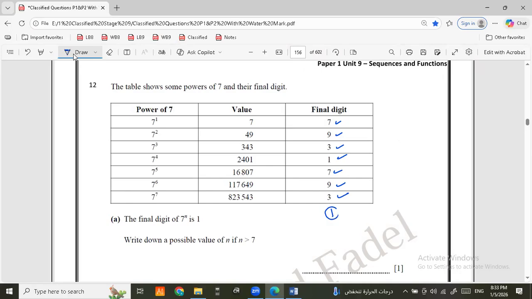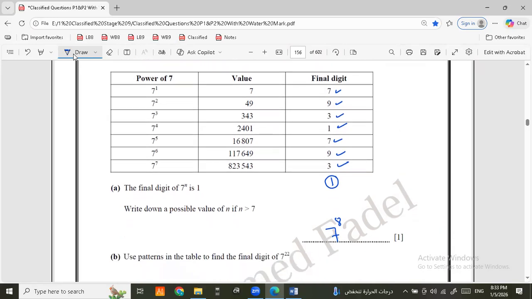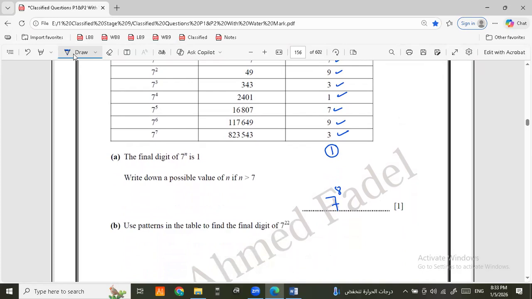The final digit is going to be 1 in the next pattern. So it is 7 to the power of 8. 7 to the power of 8 is going to have a final digit 1. How did we know this? We noticed the sequence: 7, 9, 3, 1, then 7, 9, 3, 1, then 7, 9, 3, 1, the final digit. This is going to help us a lot in question B.